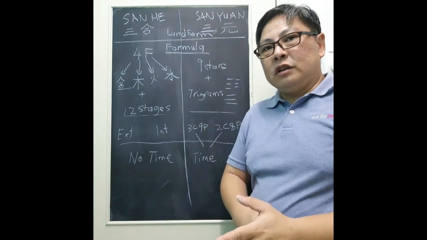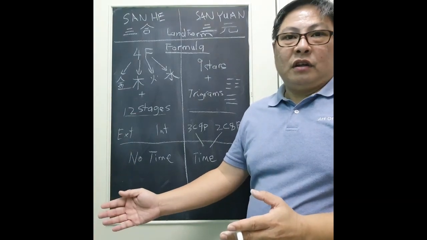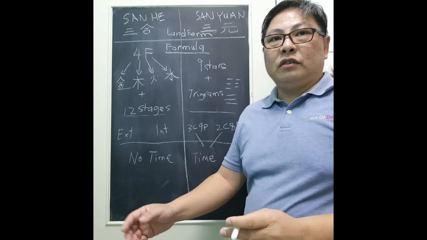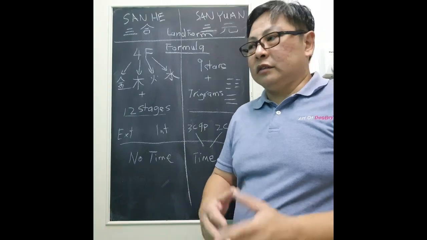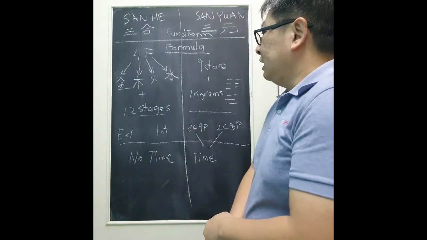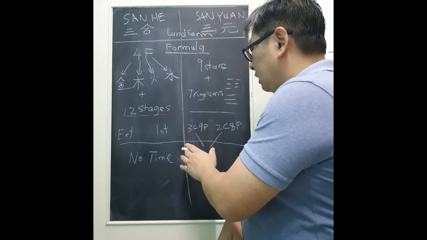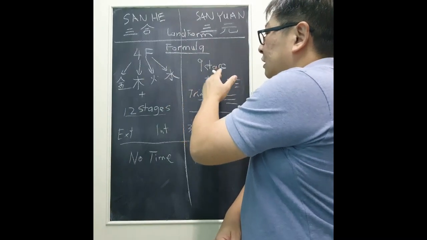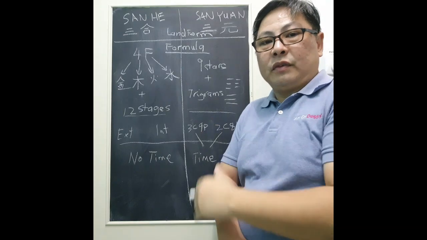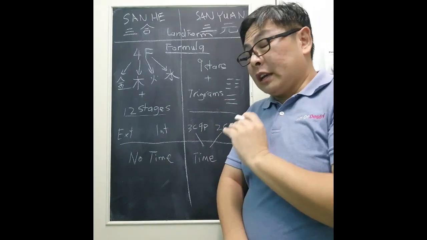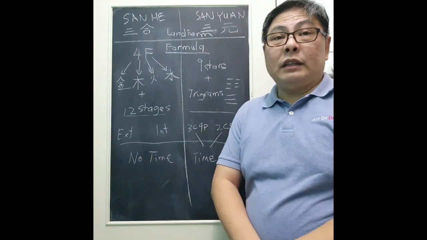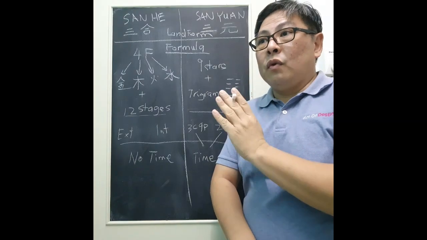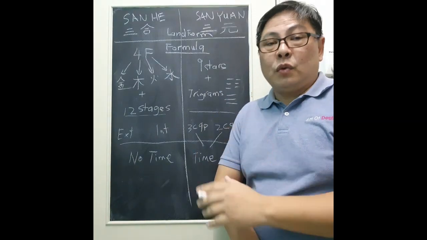You get bad energy, you get a bad outcome in the future. That is the law. It's not a theory, it's a law, right? So basically, that is how San Yuan and Sangha differ from each other. Again, I emphasize there's no one best method. It is the right method for the situation in question.